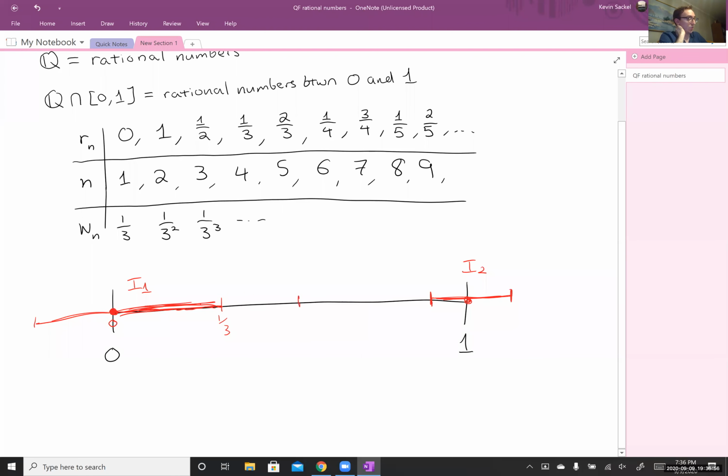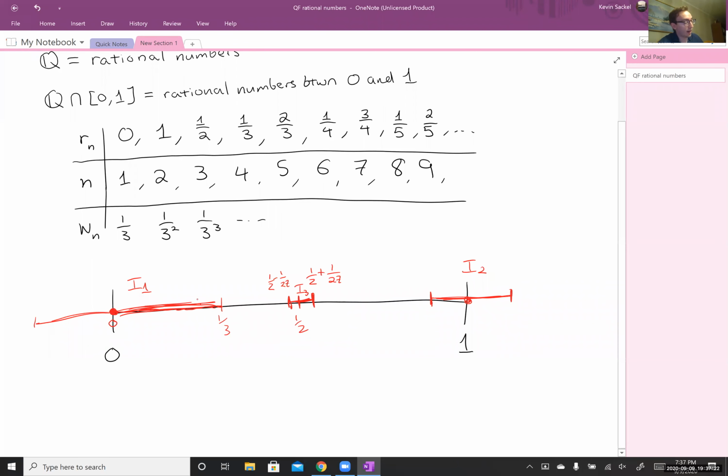And then I go to 1/2, and now I remove a tiny interval where the upper endpoint is 1/2 plus 1/3 cubed, 1/27, and the lower endpoint is 1/2 minus 1/27. Okay. So this is I3. And I do this for all of the rational numbers. And there's going to be overlap.